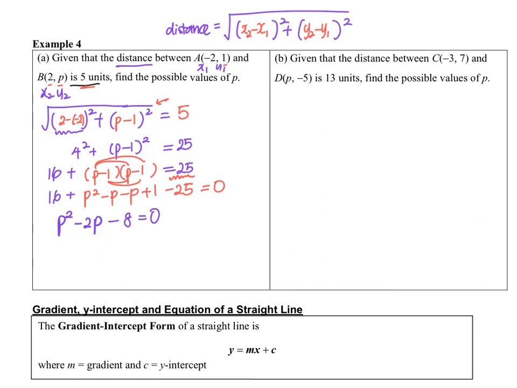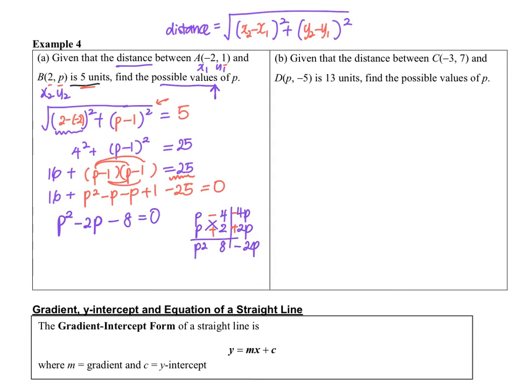Question says find the possible values of p. So we'll try to do a factorization. P times p squared. What times what gives you 8? 4 times 2 gives you 8. You have 4p, 2p. I want a negative 2p, so the negative sign should go to the larger number.